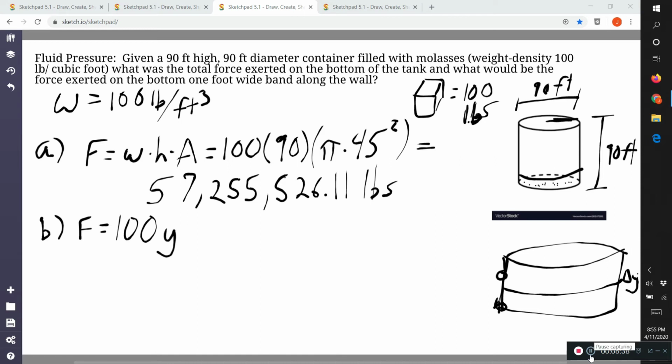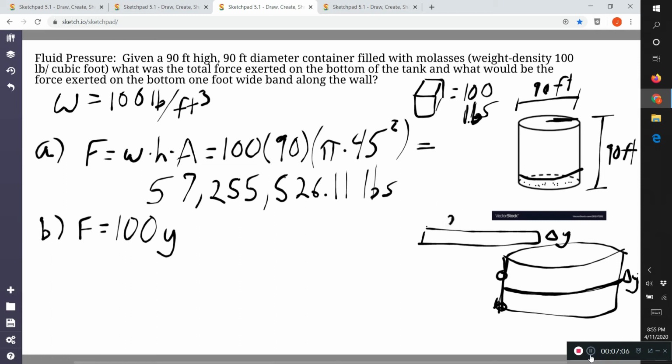And then the area is what's going to get interesting here, because we're not talking about a circular area. We're talking about an area of a band, which is around the outside. So imagine that I took that band out and I cut it. It's going to form a rectangle. And we've done this before. That rectangle is delta y thick, but the length of that is the circumference of the circle.